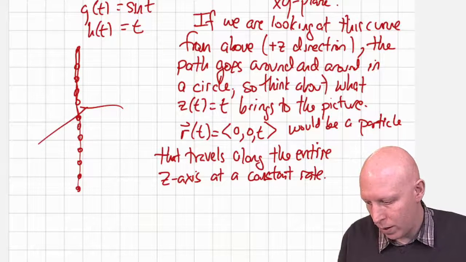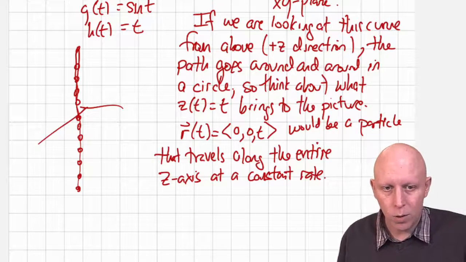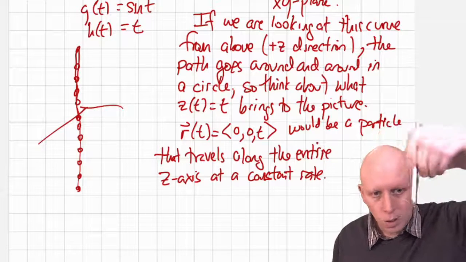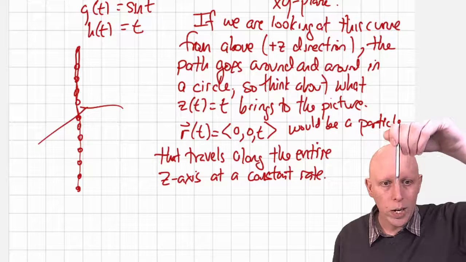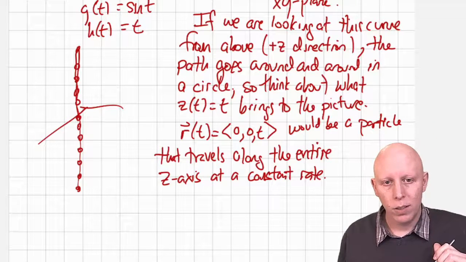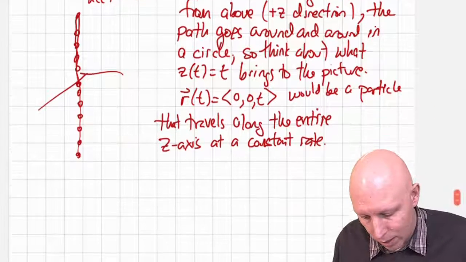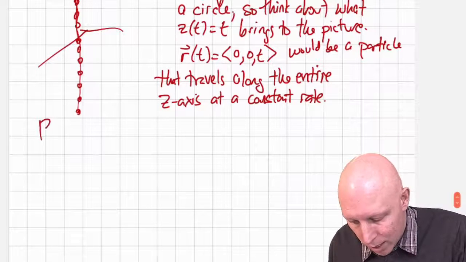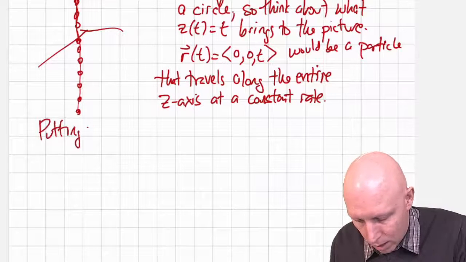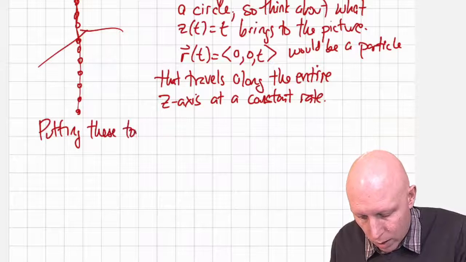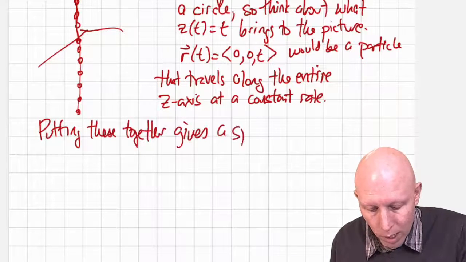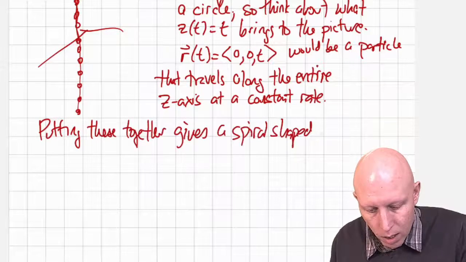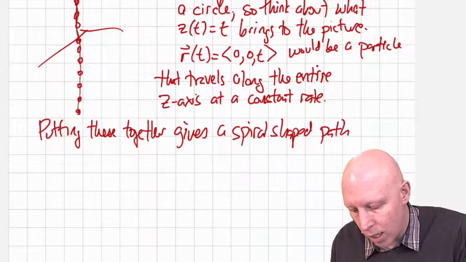All right, so the x and y are spinning around in a circle, and the z-axis is just going up and up and up and up. What does that make? Putting these together gives a spiral-shaped path called a helix.